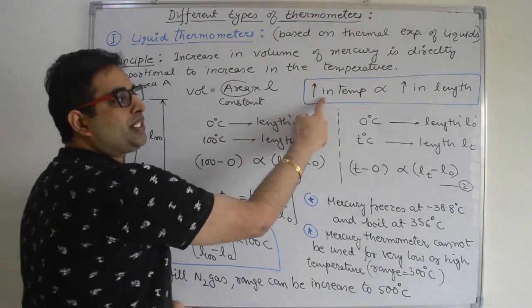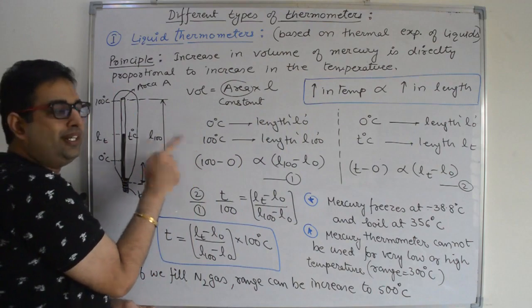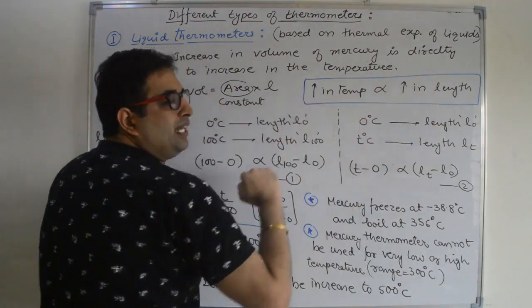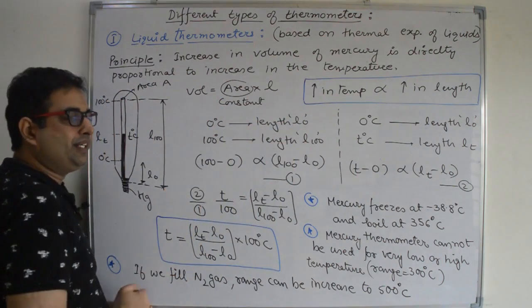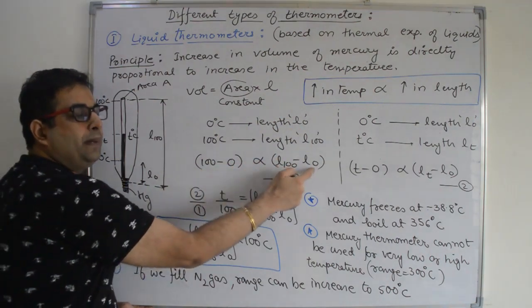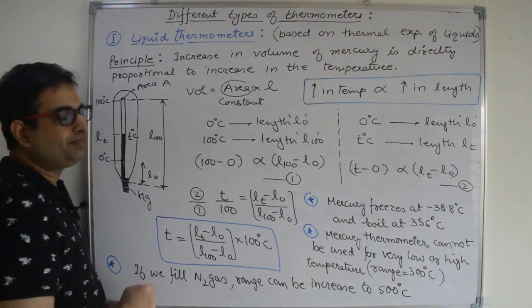So according to this relation, the increase in temperature from 0 to 100 is proportional to the increase in length. Length increment is from L0 to L100. So 100 minus 0 is proportional to L100 minus L0. This is our first equation.